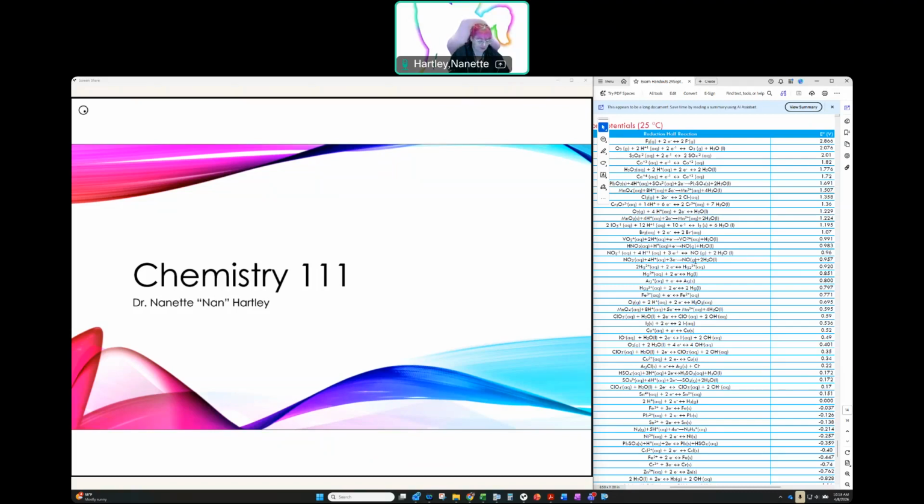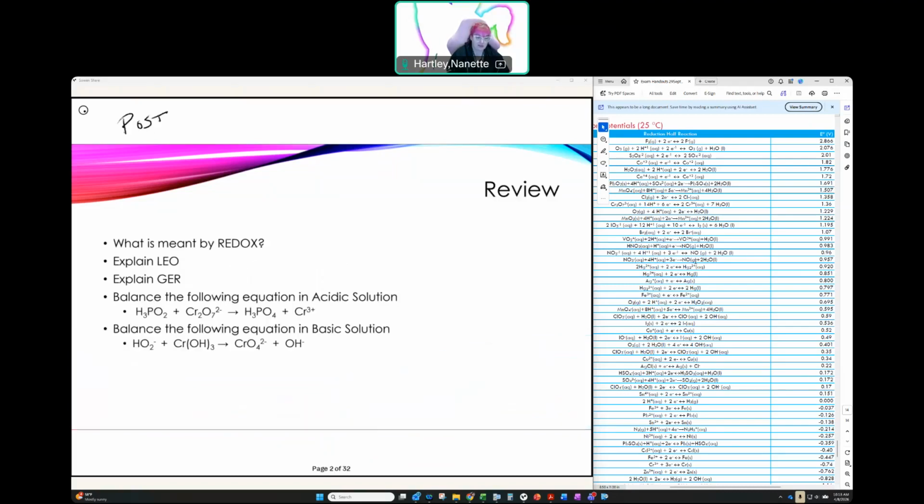Okay, so this is the lecture that we're looking at, and one of the things I wanted to review is what is meant by redox. So redox is a term that stands for reduction oxidation. And it implies that we cannot have one of these things without the other.